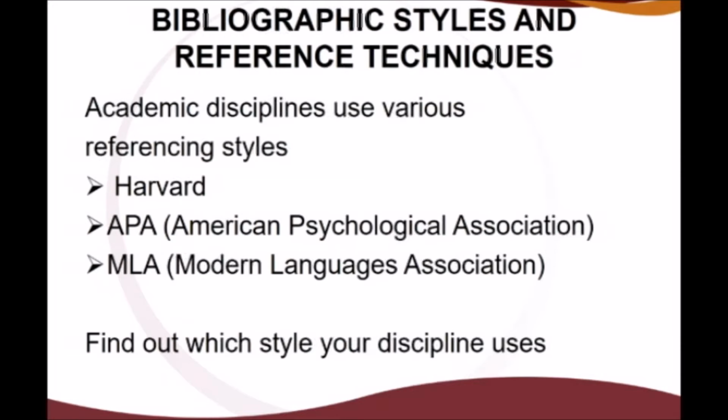So just find out from the onset what kind of style your department or your lecturer is recommending when you write a book, when you cite an article, when you cite a chapter from a book, when you cite a thesis, and when you cite some of the things that you find from the internet, like your Google Scholar items, or whether it's a newspaper article.